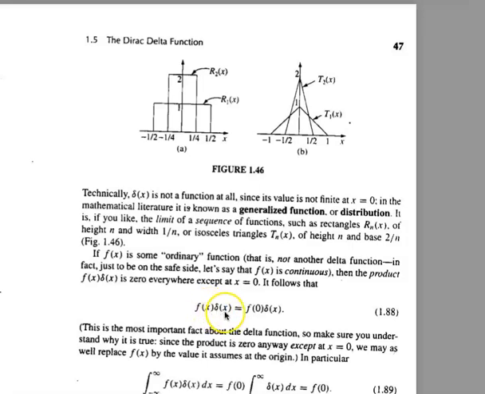Since the delta function relative to the origin is 0 everywhere except at the origin, any regular function times the delta function, you can replace with f at x equals 0 times the delta function, because it is 0 everywhere else. So you may as well make that true.